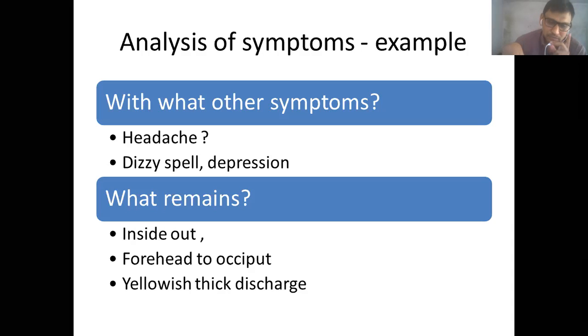That's why I have put a question mark on this headache: whether the headache is another symptom, or is it part and parcel of the complaint revolving around the nose and paranasal sinuses? It is a part of the chief complaint. Okay, good. It is a part of the nose complaint revolving around the nose and paranasal sinuses.